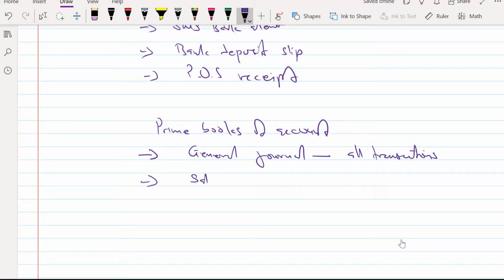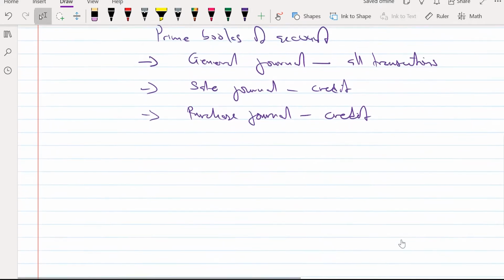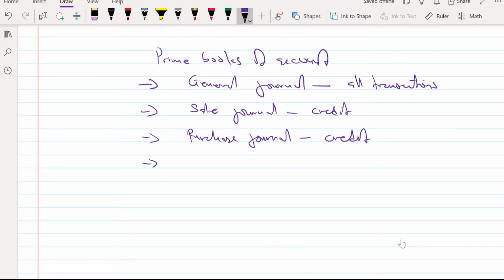We have the sales journal, or you could call it the sales day book, and this is basically for credit sales. We have the purchase journal, which is also for credit transactions. We have the return inwards journal, which affects the sales journal.